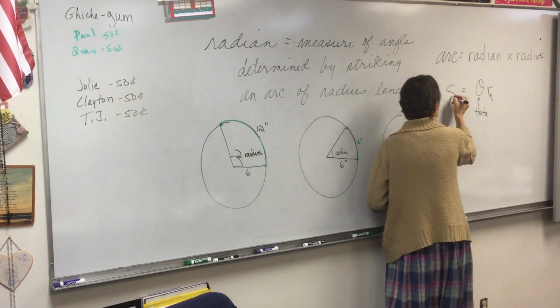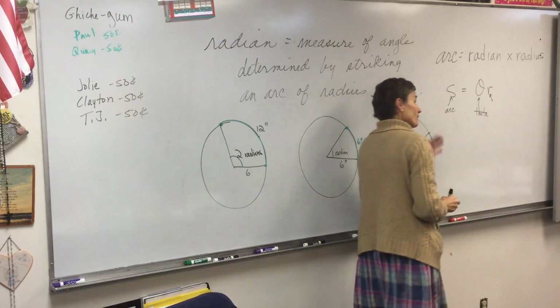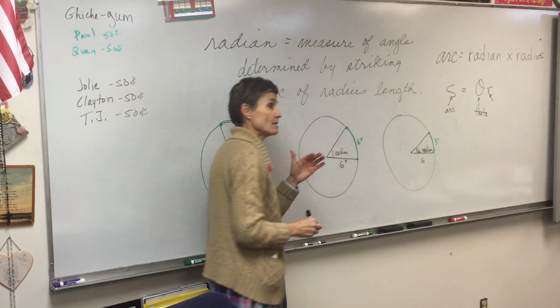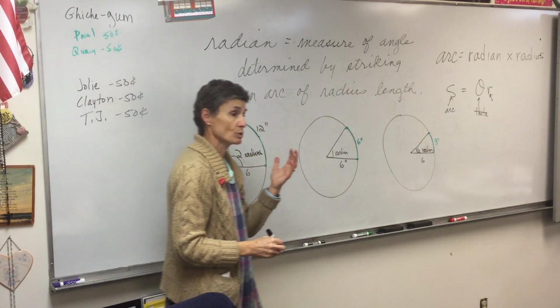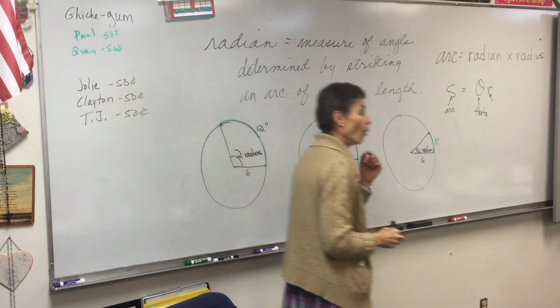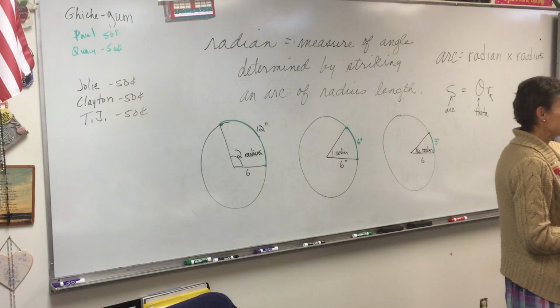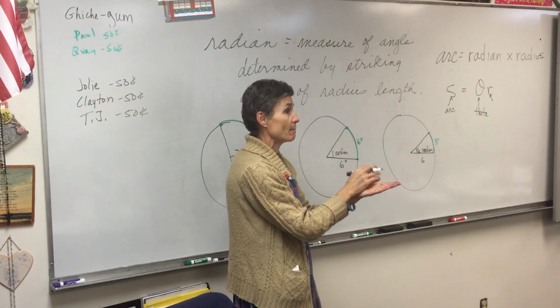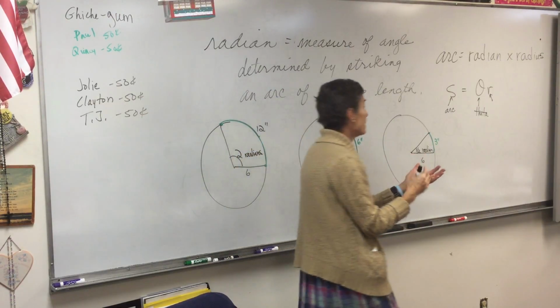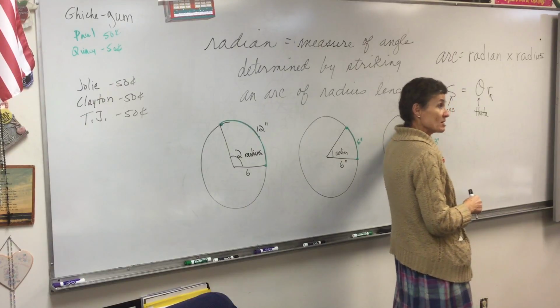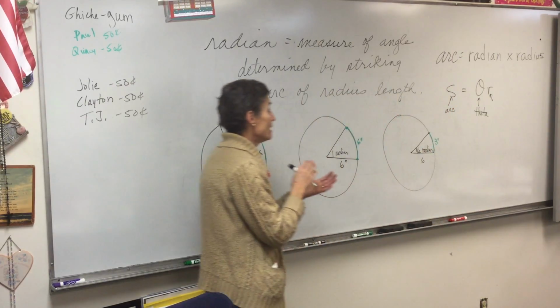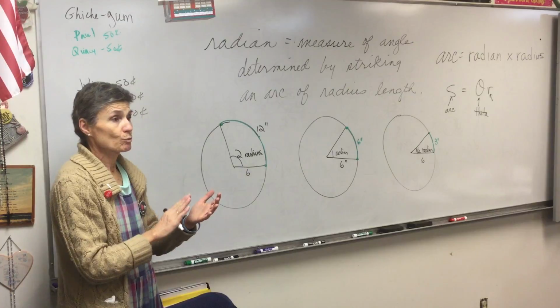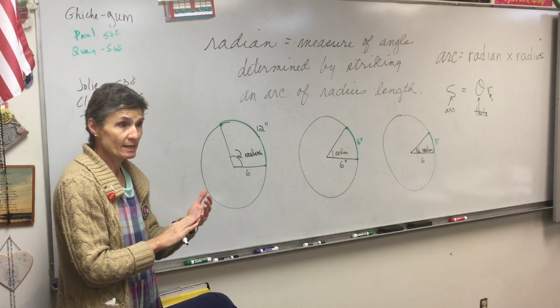S is the letter they use for arc length. So if you're reading your book and you see S equals theta R or S equals R theta, or, Jake, you're an IB student, you have your handbook, I don't know if he's made you familiar with it yet, but you have a little booklet of formulas. That formula will probably be written this way in the formula book. Arc length equals radius times radians.